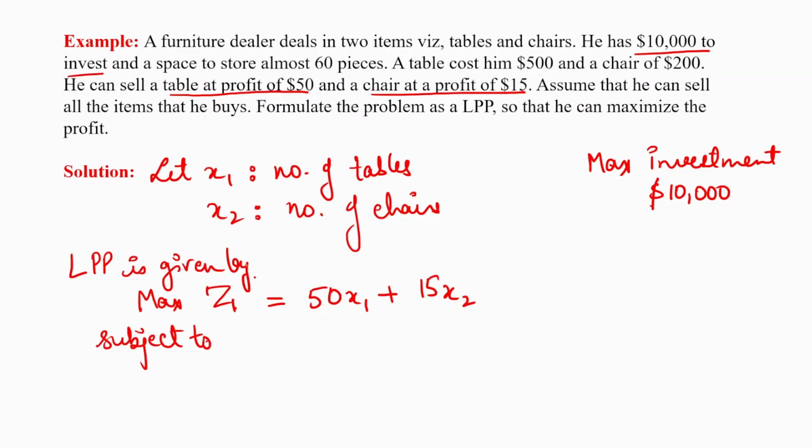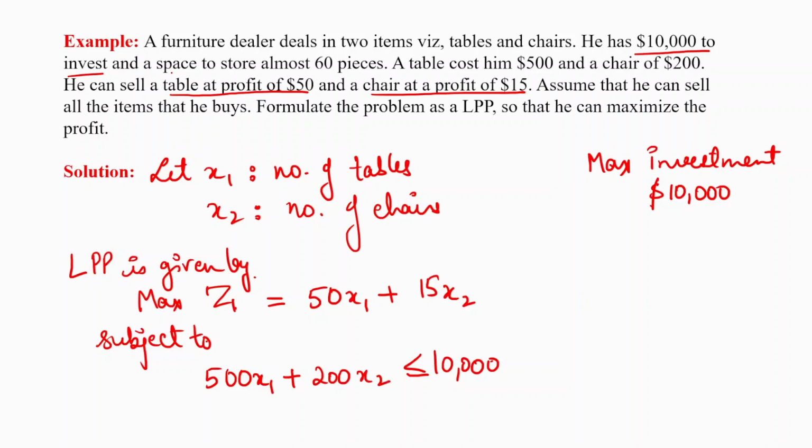For the first constraint, as he has the maximum investment of $10,000, the right side is 10,000. For a table the cost is 500, so for x1 tables it would be 500 times x1. For one chair the cost is $200, so for x2 chairs it would be 200 times x2.